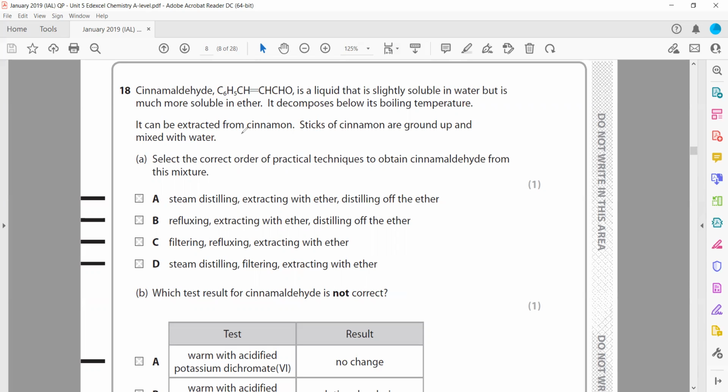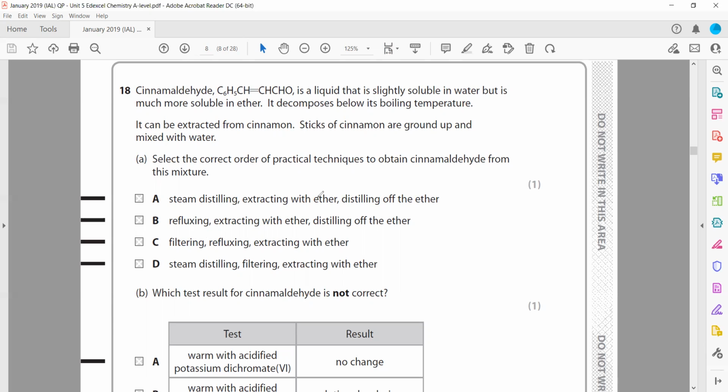So it can be extracted from cinnamon. The sticks of cinnamon are ground and mixed with water. Select the correct order of practical techniques by which we obtain cinnamaldehyde from the mixture. So we want to get this, and it is slightly soluble in water but more soluble in ether. First, after formation, we use steam distillation to remove that vapor.